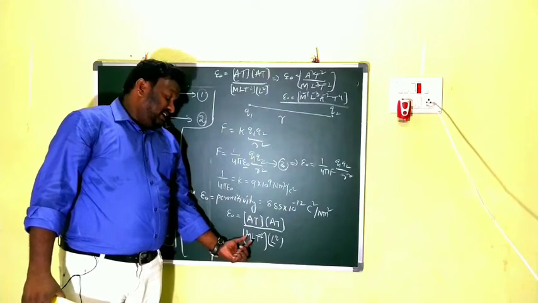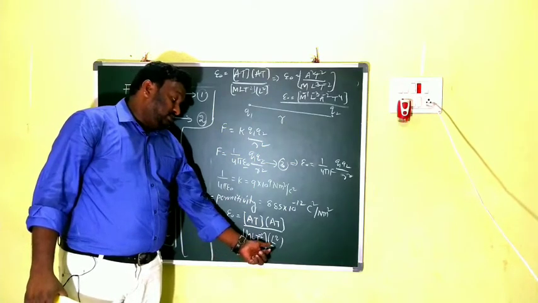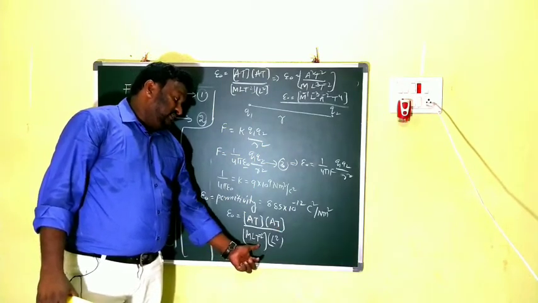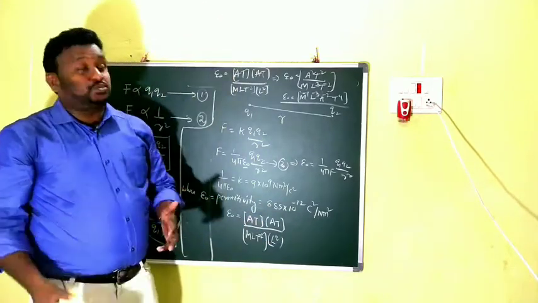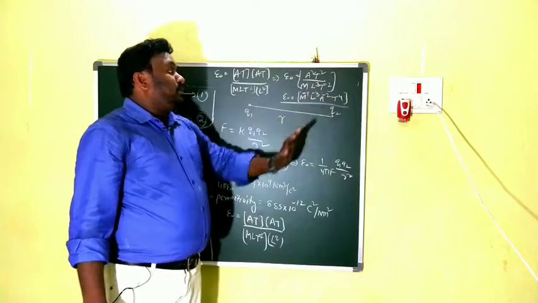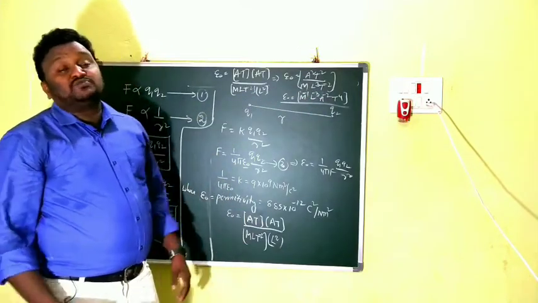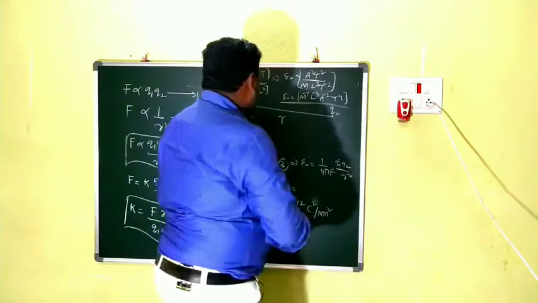When T to the power of minus 2 comes into the numerator, it becomes T to the power of plus 2. Then T square into T square gives T to the power of 4. So this is the dimensional formula for epsilon naught. So clear, children?